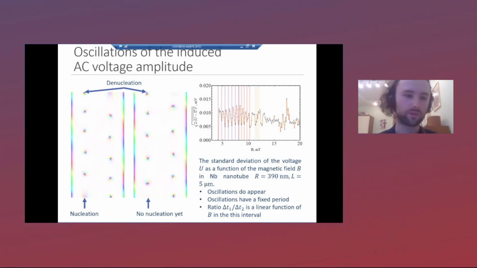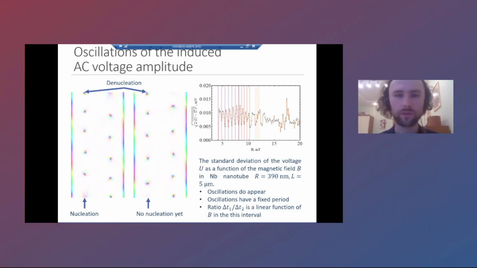In the first case, we know that the average number of vortices is more or less the same, and in the second case, the number of vortices, the average number of vortices, oscillates with time, and in this case, we can expect that the voltage oscillations are higher as well.